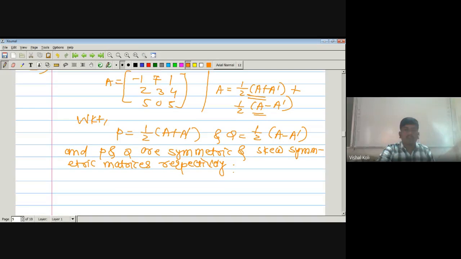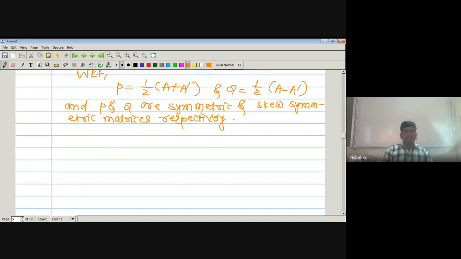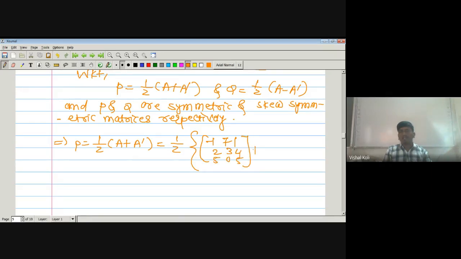Now we have to find the values of P and Q. P equals 1/2(A + A'). Matrix A is [-1 7 1; 2 3 4; 5 0 5] plus A', which is its transpose, with the first row becoming the first column.